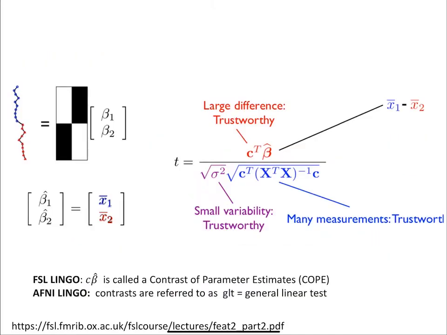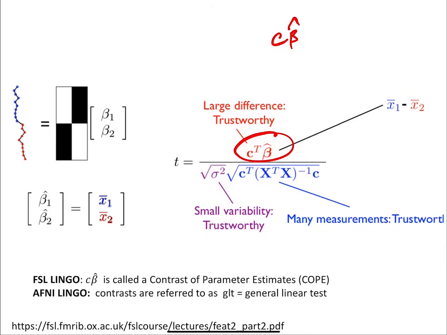Okay, so in FSL lingo, this is a contrast. The other thing that you'll find is not consistent is sometimes they'll call it C transpose beta hat, and other times you'll have C beta hat. It depends on whether C is a column vector or a row vector, so just be aware that that's not consistent. The Poldrack book, I think, does it one way; the FSL notes do it another way.